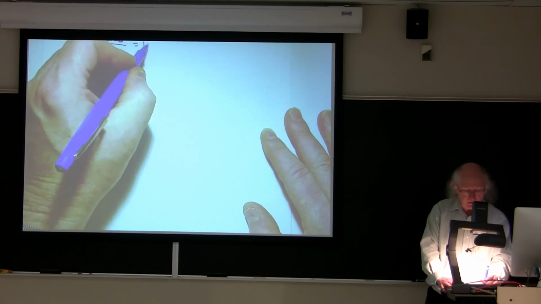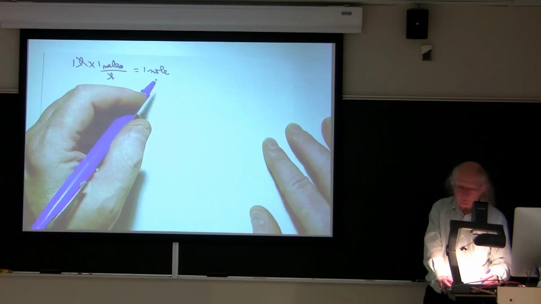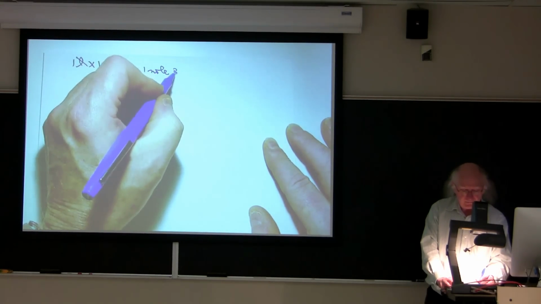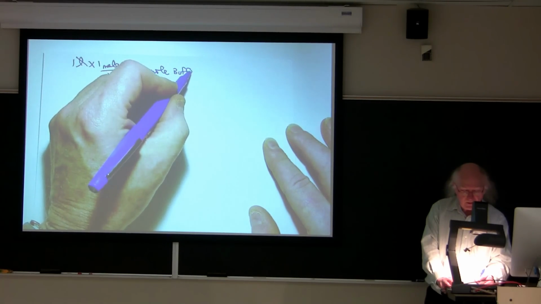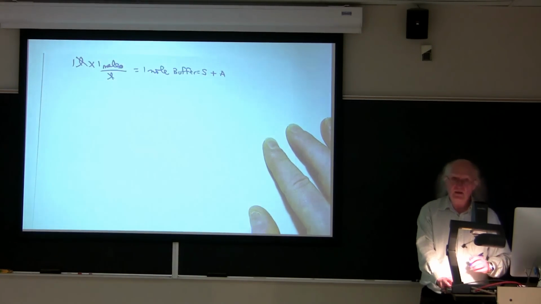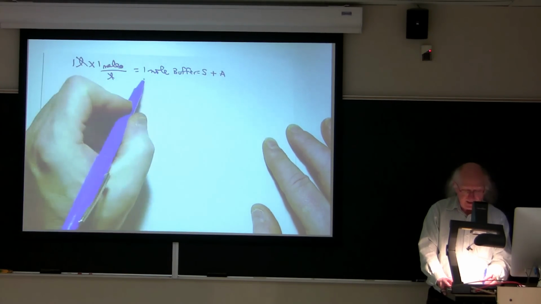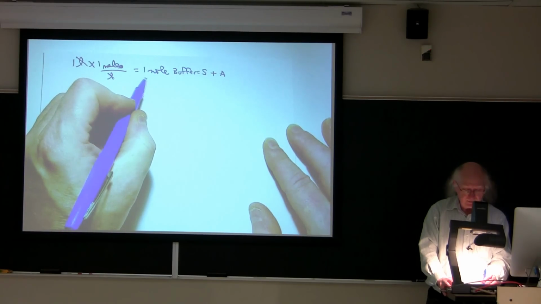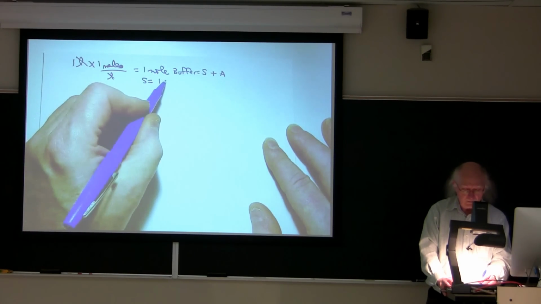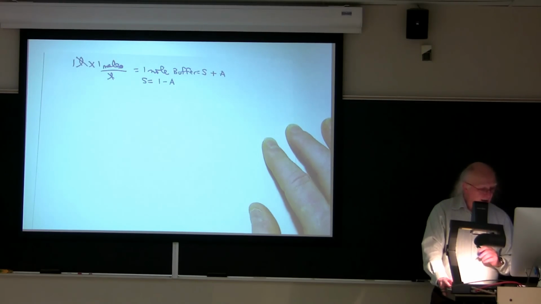Liters cancel, and I've got 1 mole of buffer. And that's equal to salt plus acid. Again, in this case, I'm working with moles. I can then say that the number of moles, for example, of salt is equal to 1 minus the number of moles of acid, as I did before.